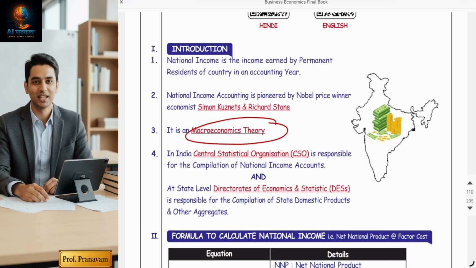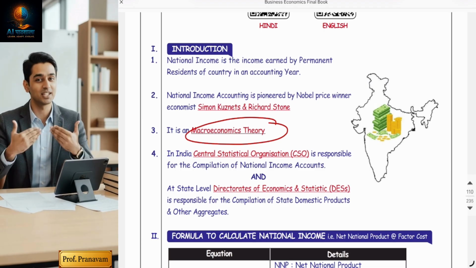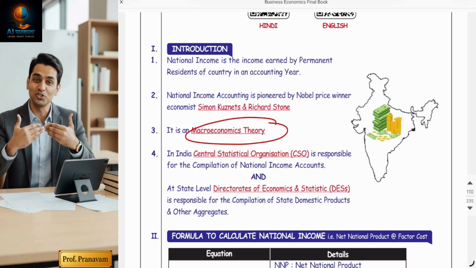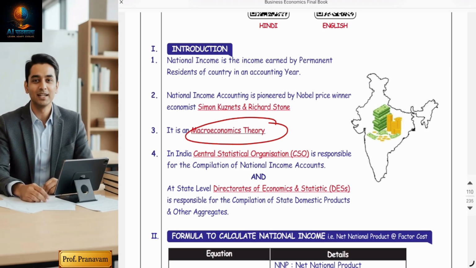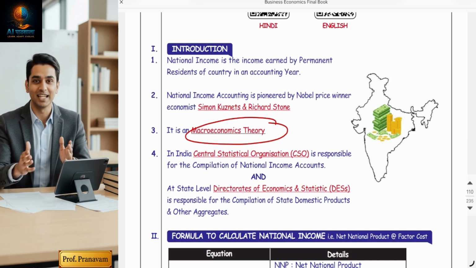Now the question arises why it exists. Without national income accounting, economic growth cannot be measured, countries cannot be compared, and government policies cannot be evaluated. So it is essential for planning, policy making, and development analysis.